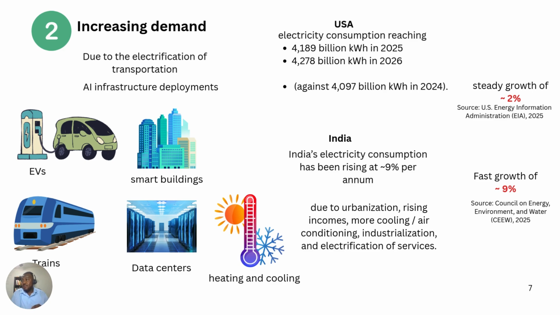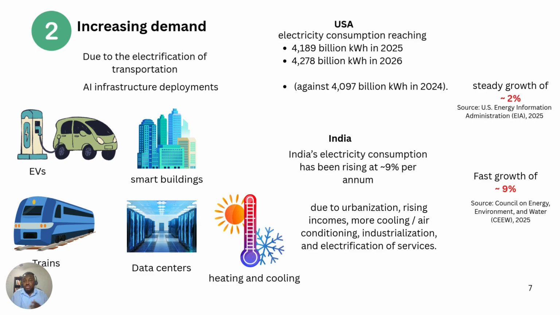In 2024, there was 4,097 billion kilowatt hours of electricity usage. But in 2025, that increased to 4,189 billion kilowatt hours. And then it is expected that in 2026 there will also be an increase. If you look at the difference, it's about 2%.